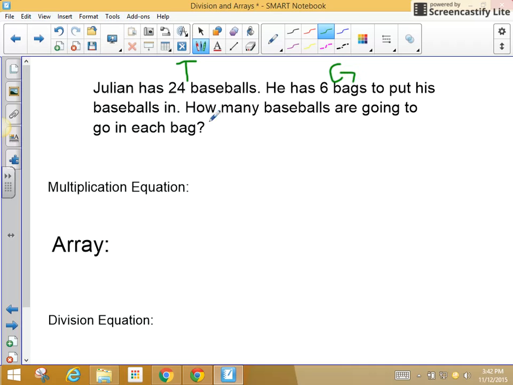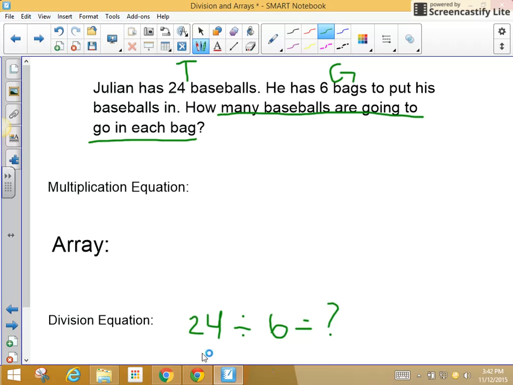I'm trying to figure out information that I'm going to have to find out: how many baseballs are going to go in each bag? So now I'm going to write a division equation. My total is going to go first, 24, divided by my groups is equal to, I don't know how many will go in each.